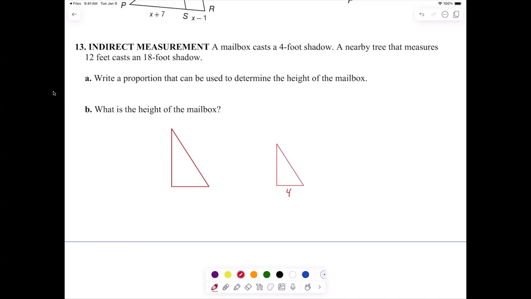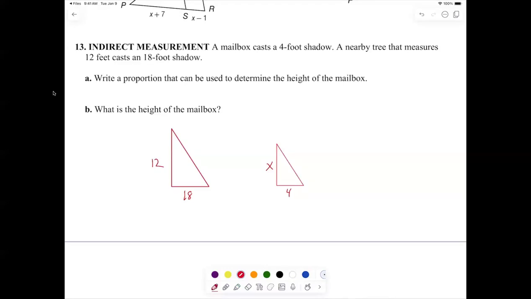A mailbox casts a 4-foot shadow. And then a nearby tree measures 12 feet, so this is 12 and this would be 18. We're trying to figure out what the height of the mailbox is.